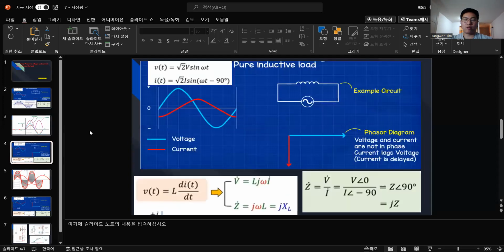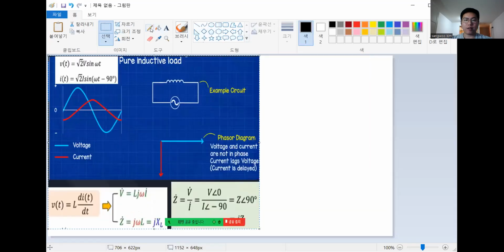So let's move on. This time we will talk about a pure inductive load. It should simply be a coil. Okay, let's see more, guys. So a pure inductive load, we say just a coil, for example. What happened here? Look at that.